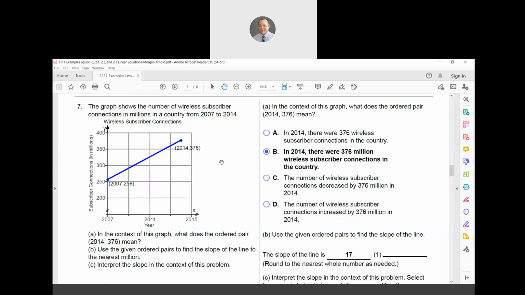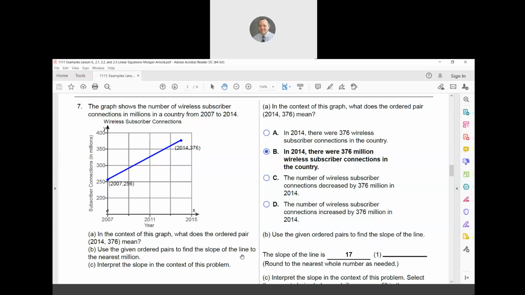So part B is the correct interpretation. In 2014, there were 376 million wireless subscriber connections in the country. Part B, use the given ordered pairs to find the slope of the line.